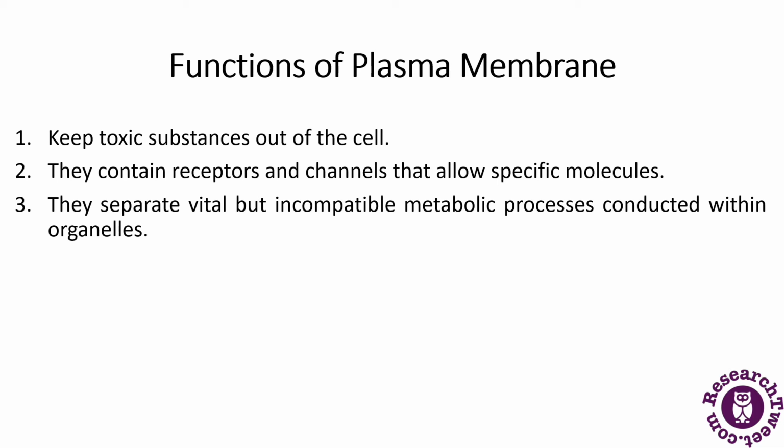It also plays an important function in cell signaling and communication. So it is a selectively permeable membrane because it allows the entry and exit of selected substances into the cell. So these are the functions of the plasma membrane.